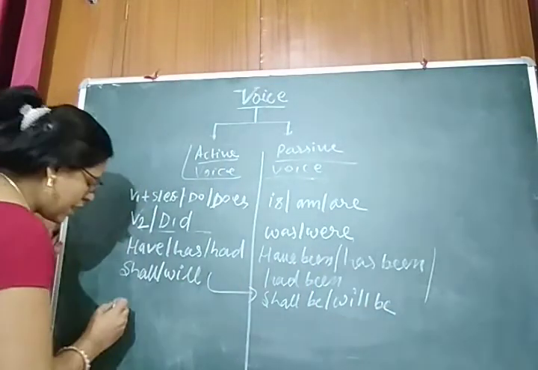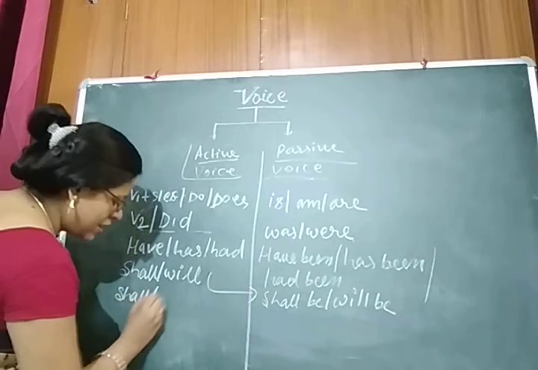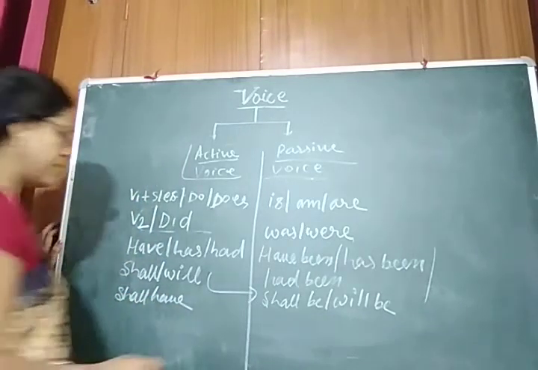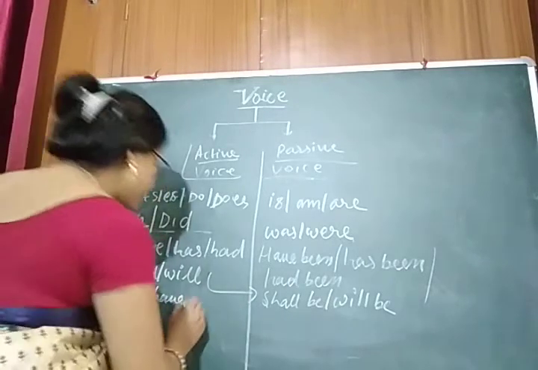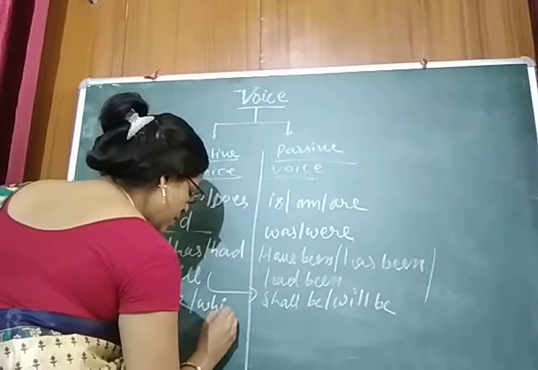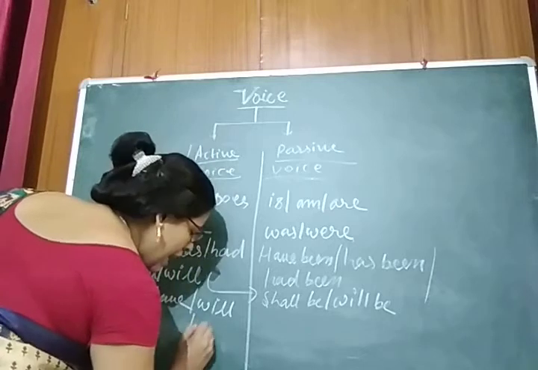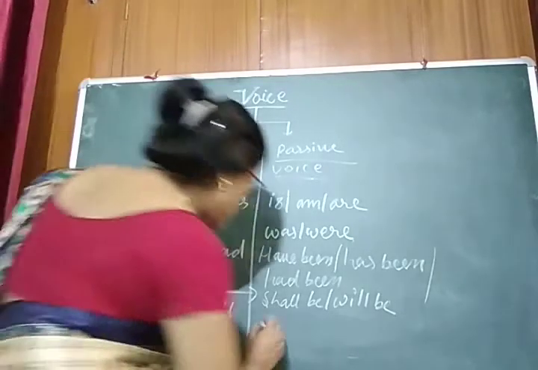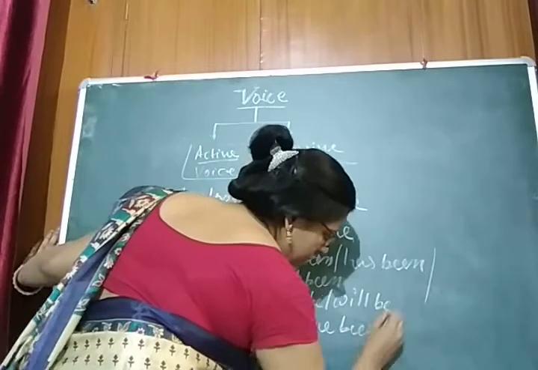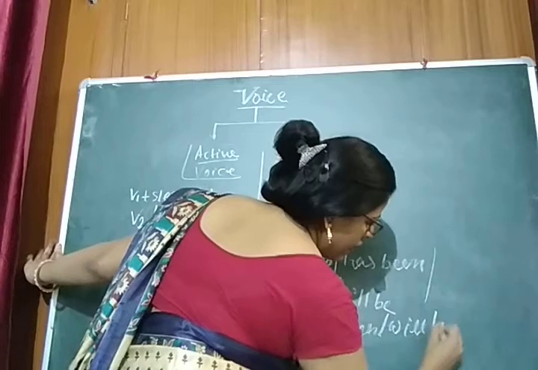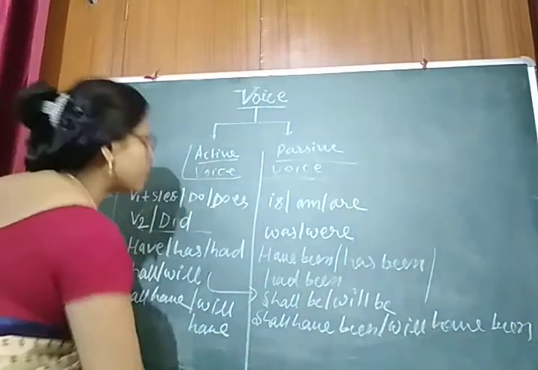All right. And then if you get anywhere shall have, will have, then it will be changed into shall have been and will have been. All right. So this is table number 2.